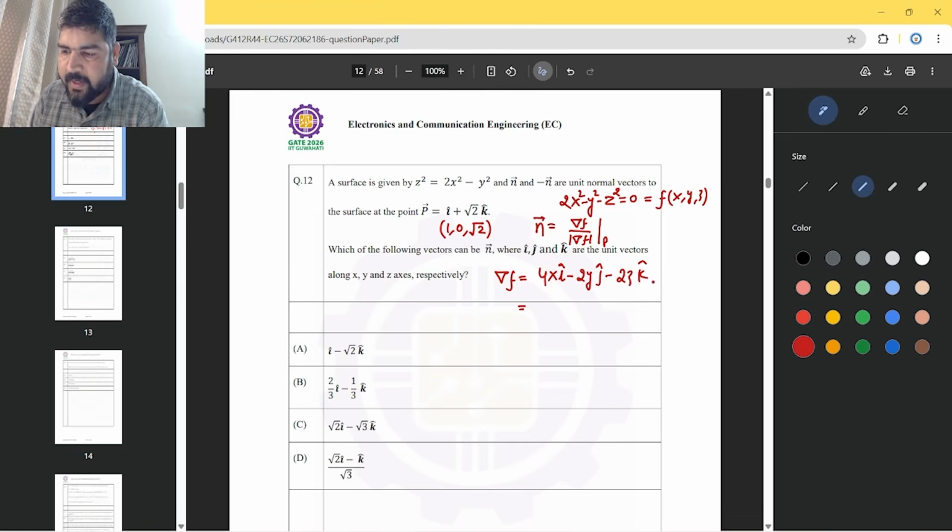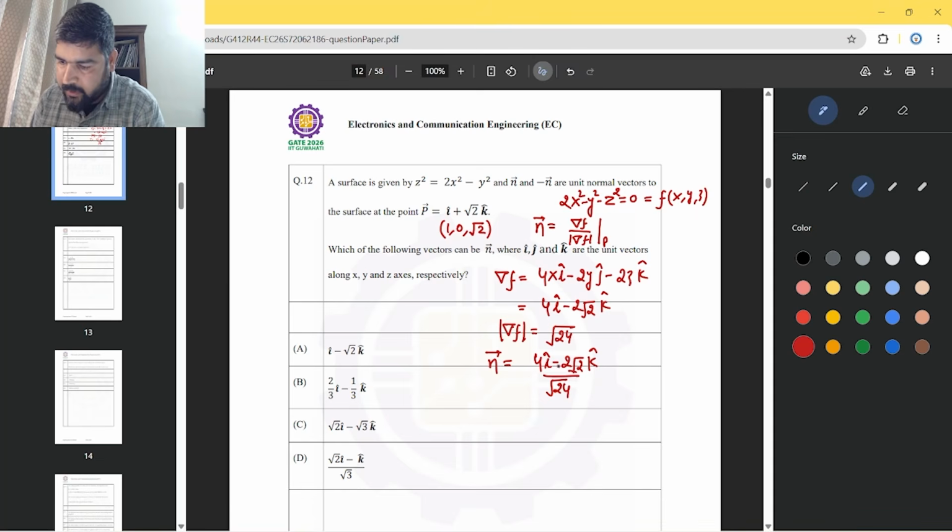If you put the values of x, y, z, then it will become 4 i cap minus 2 root 2 k cap. Now what is the magnitude of this gradient? It is root 24. Now you can find the unit normal vector: 4 i cap minus 2 root 2 k cap divided by root 24, and if you simplify it, then you will get the answer.